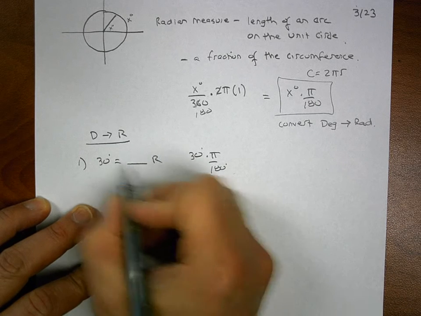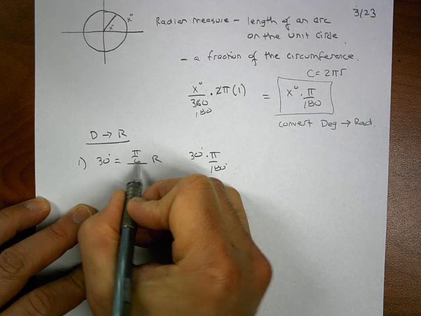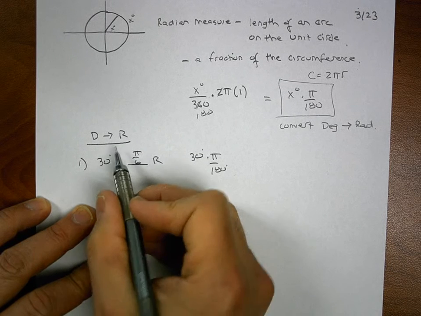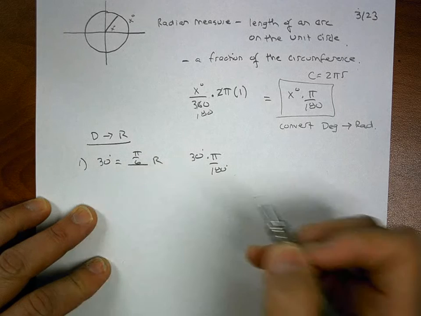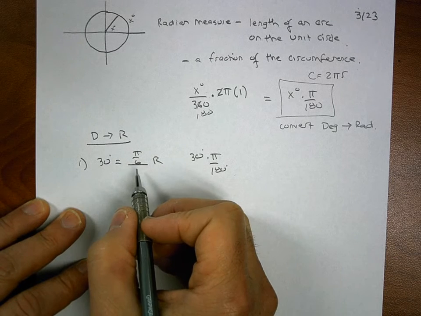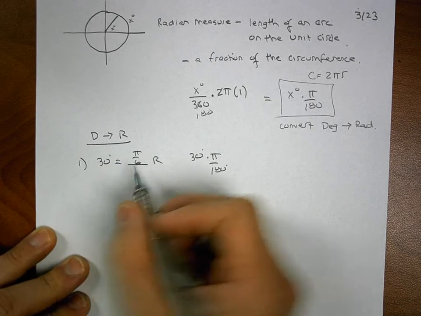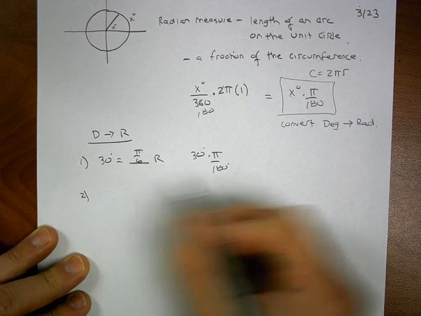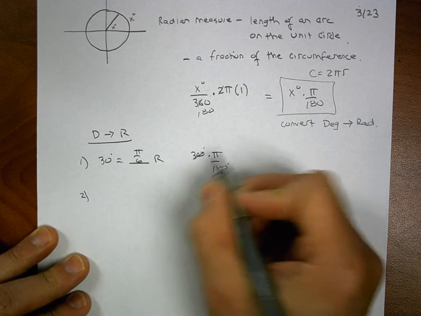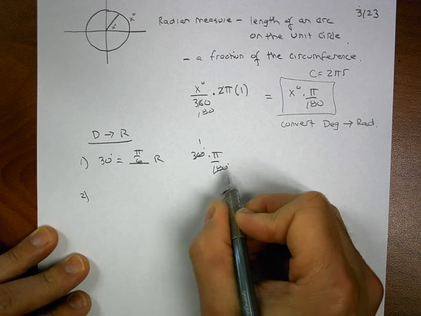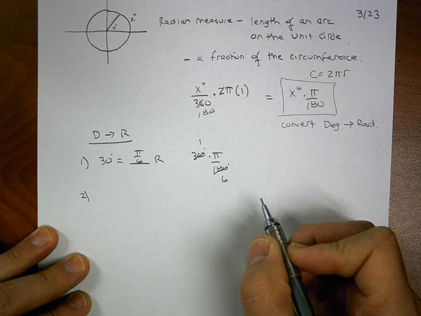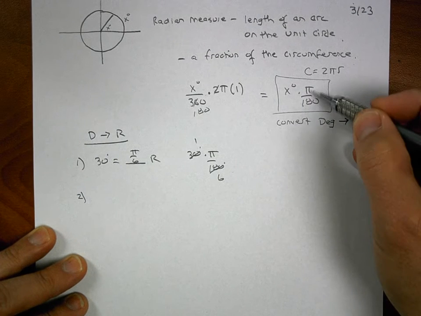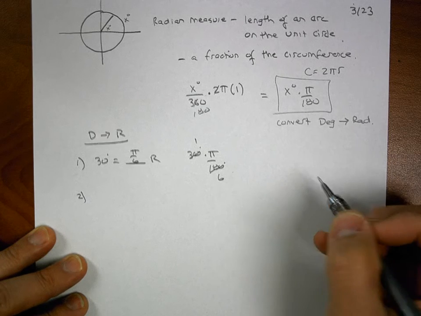So we could just write that as pi over 6. You can write it as 1/6 pi, but we usually just write it as pi over 6. And there it is. 30 degrees is pi over 6. That's how you convert it.